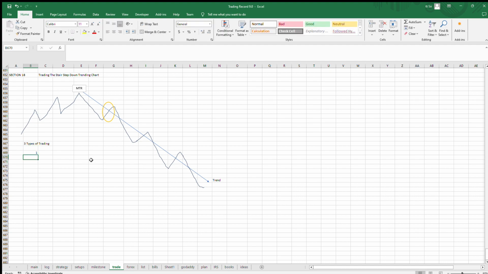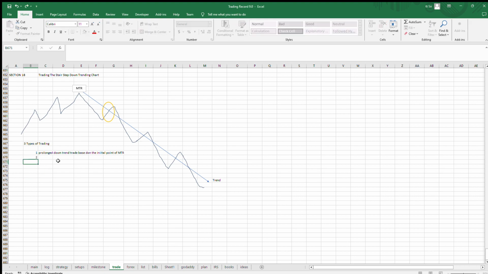The first is a prolonged downtrend trade based on the initial point of major trend reversal. So that would be one right there.